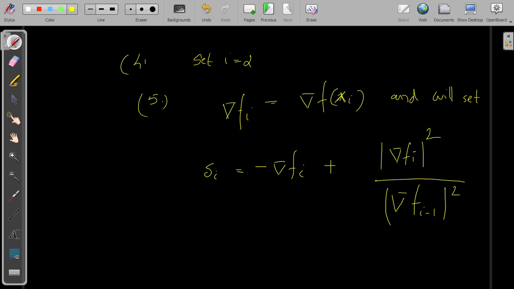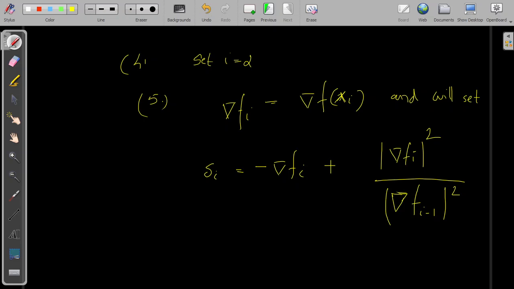In this case it will be minus del F2 plus modulus of del F2 squared, divided by modulus of del F1 squared. That means we take the magnitude of the gradient function at the x1 solution and at the x2 solution, x2 in the numerator.